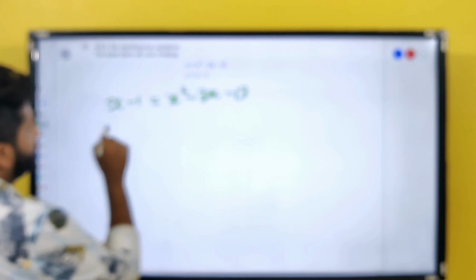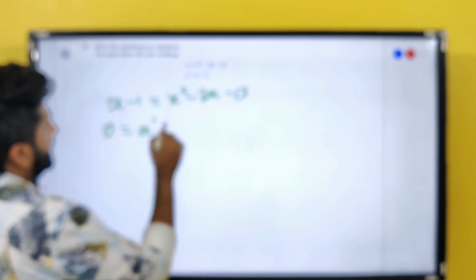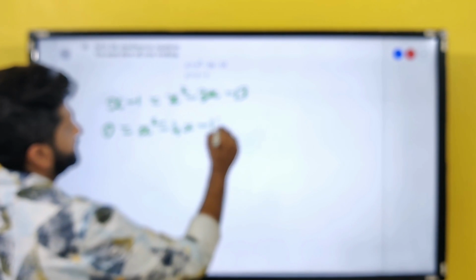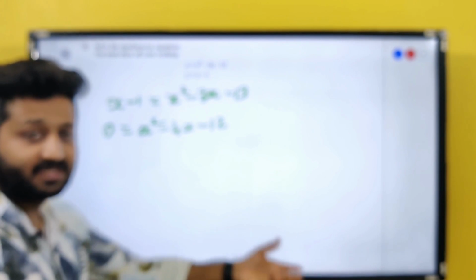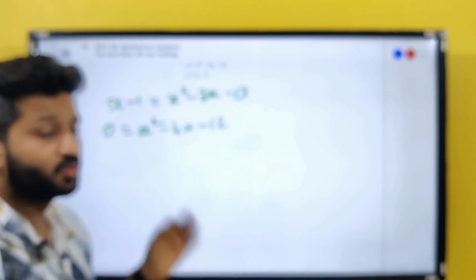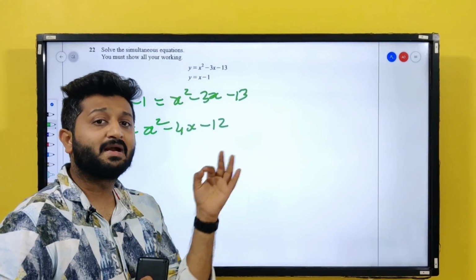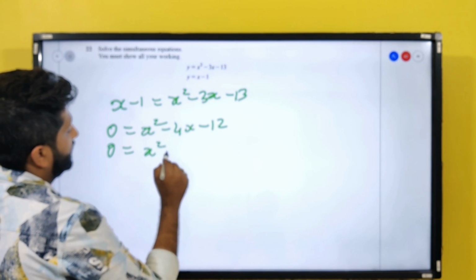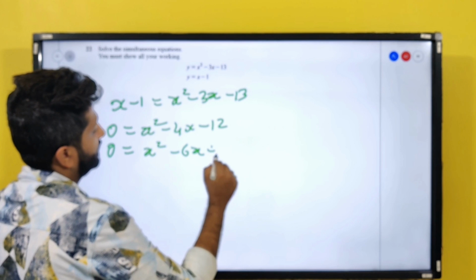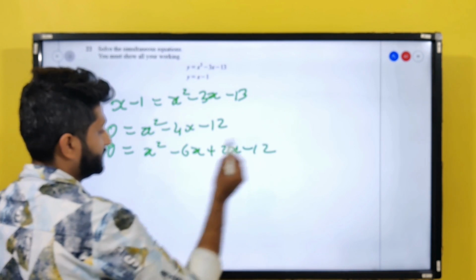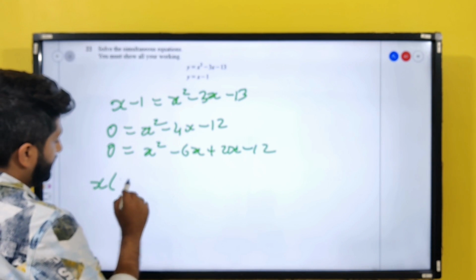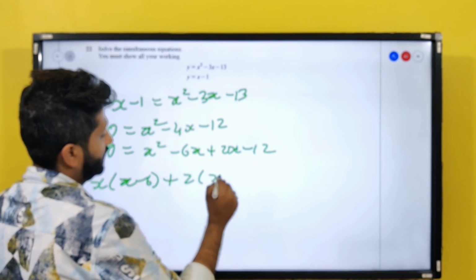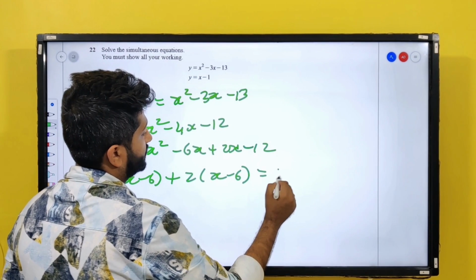Bringing everything to the right hand side, 0 equals x square minus 4x minus 12. Now I am supposed to factorize in such a way that when you add the two numbers you get minus 4, and on multiplication you get minus 12. So those numbers are minus 6x plus 2x minus 12. Take x common: x minus 6, plus 2 common: x minus 6, equals 0.